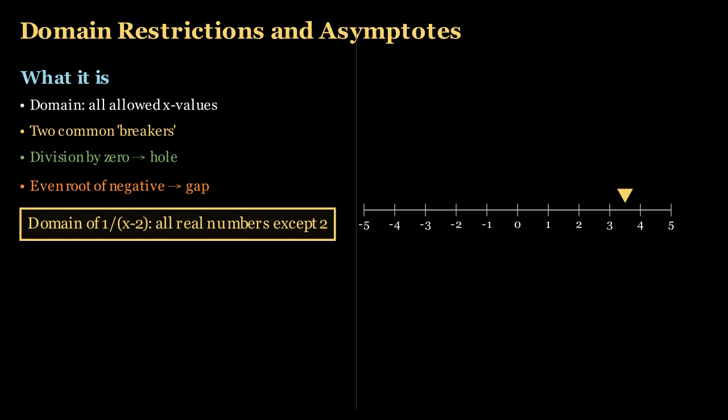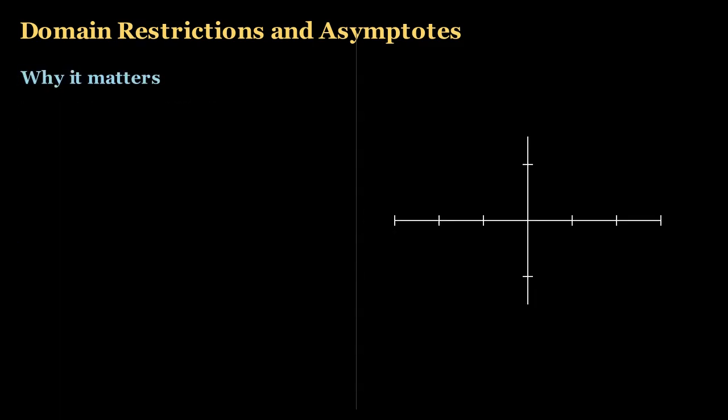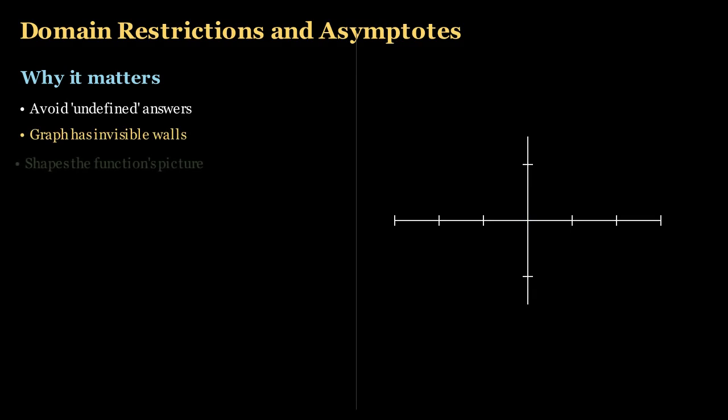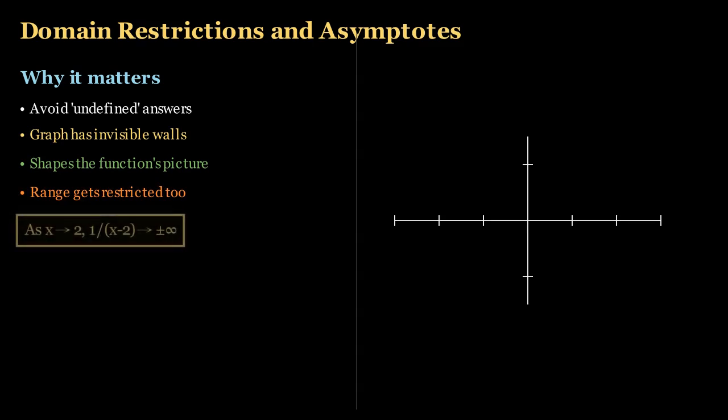Why do we care about these forbidden inputs? Because if you accidentally plug one in, you don't get a useful answer, you get undefined. More importantly, these restrictions shape the entire graph of the function. Near a division by 0 point, the graph shoots up or down forever, creating an invisible wall called a vertical asymptote.